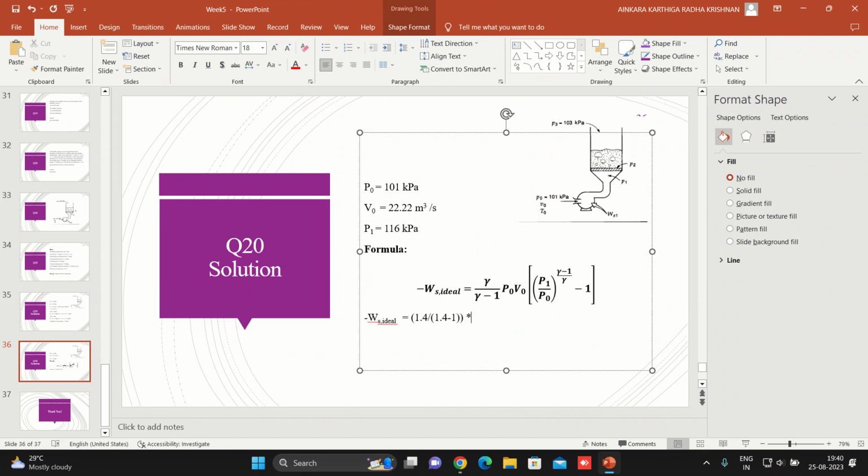What is P naught here? It is 101 into 10 power 3 into 22.22.